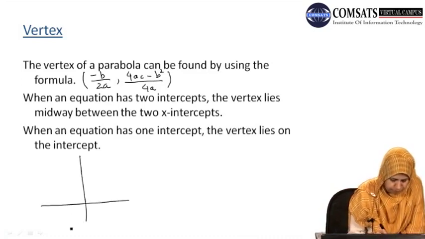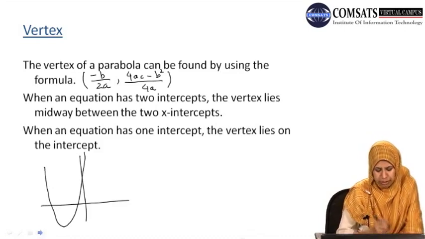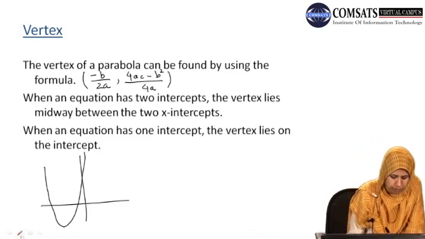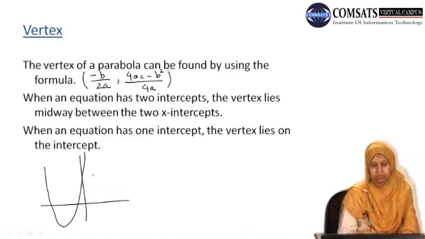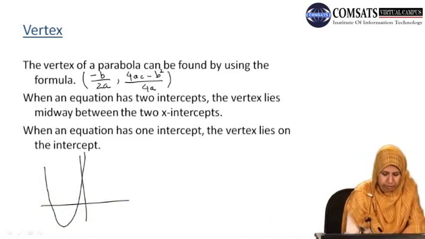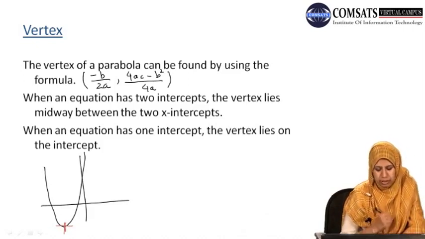For example, we have our quadratic equation with a parabola like this. So what will be the vertex in this case? It is concave up, so the vertex will be the lowest point, that is this point. In fact, this point is our vertex.